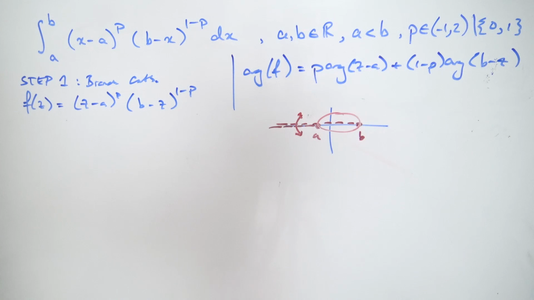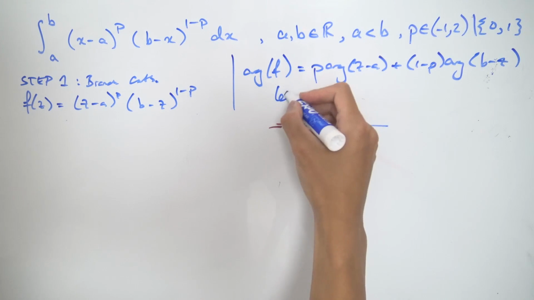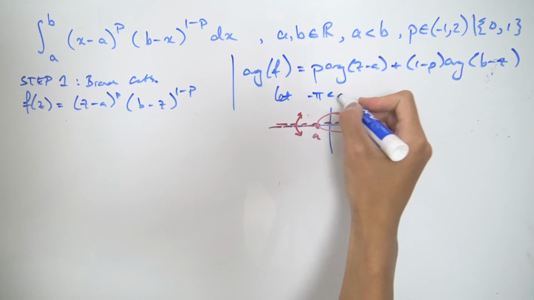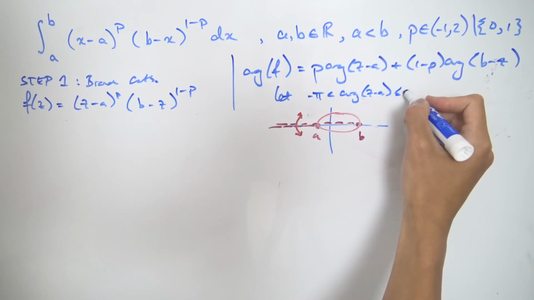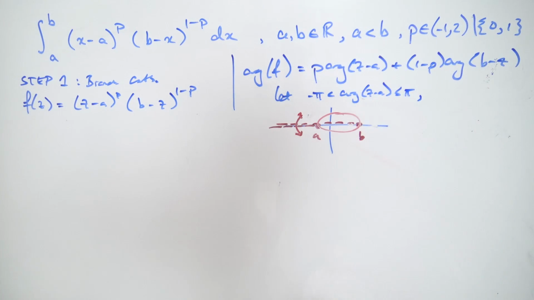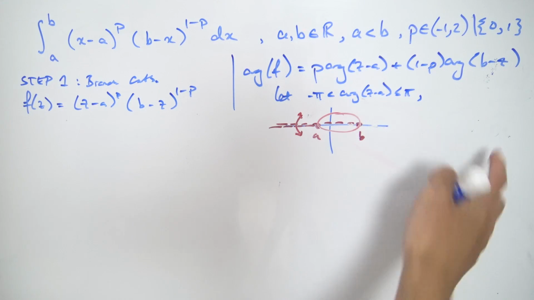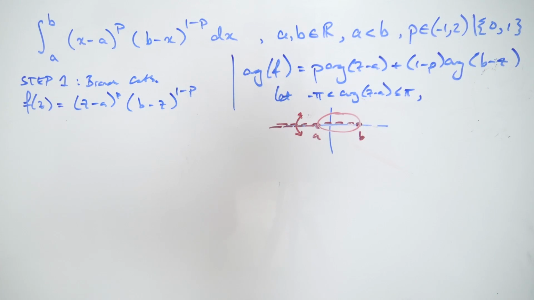So for the arg of z minus a, this is pretty straightforward. We can just take the principal argument, so we can let minus pi be less than the arg of z minus a, and this is less than or equal to pi. And then for arg of b minus z, now this is a little bit more tricky, but since we have a minus z, we're kind of reflecting everything.